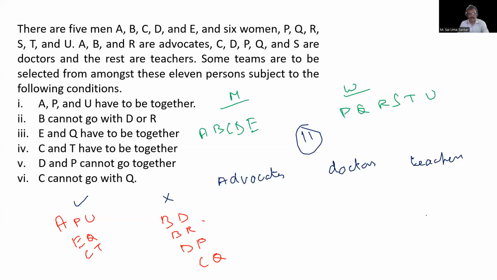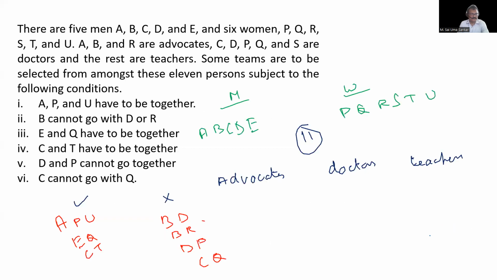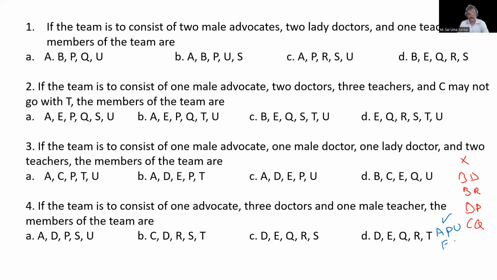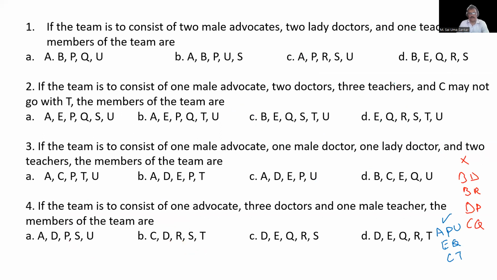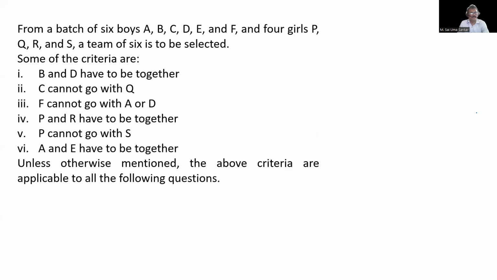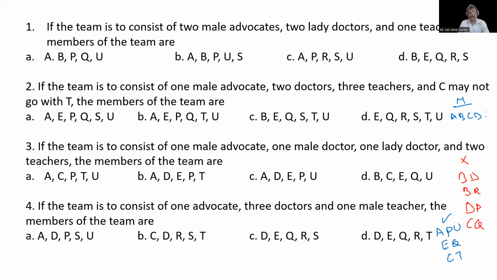What are valid? APU. Next, EQ, CT. Next, advocates, doctors, teachers. What about the male? Male is A, B, C, D and E. What about the female?